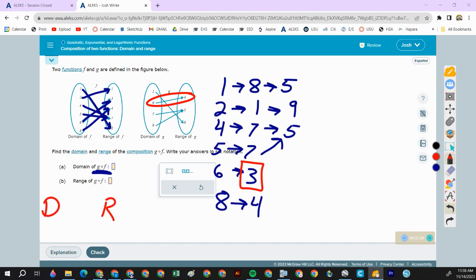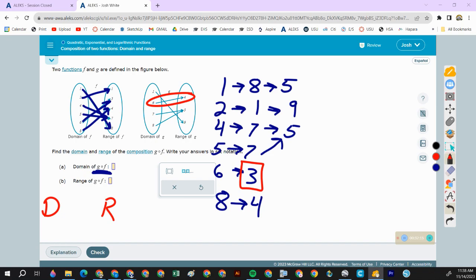What is the domain asking? It's asking which kids are part of this function. So looking at what we just wrote, which kids are part of the function? 1, 2, 4, and 5. What about kid 6? Does that kid exist? Yes.